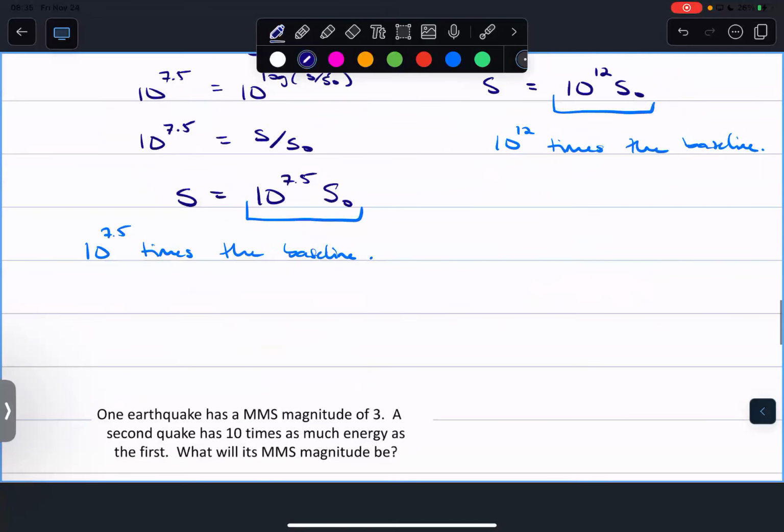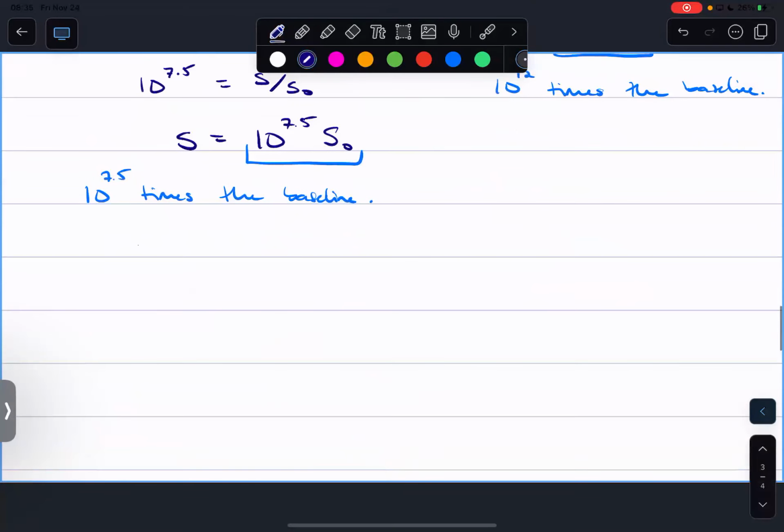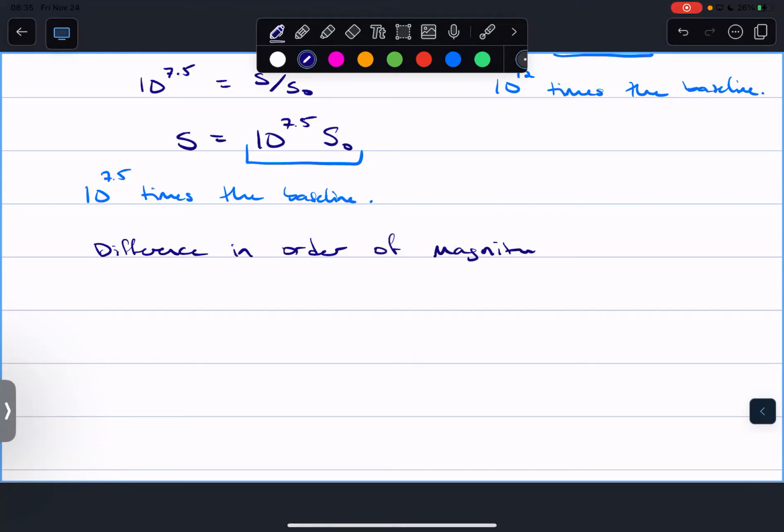Now, in terms of the order of magnitude, or maybe I'll say the difference in order of magnitude is going to be the log of S8 over S5. I'll do the bigger one on top, just for cleaner numbers.